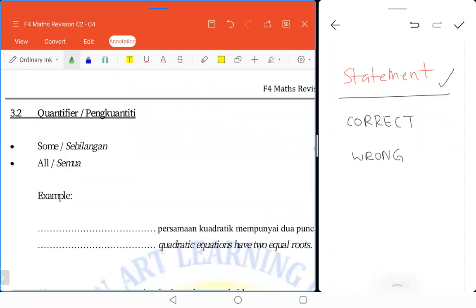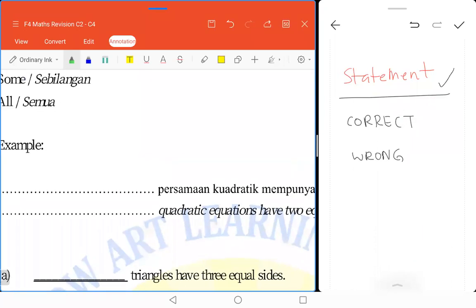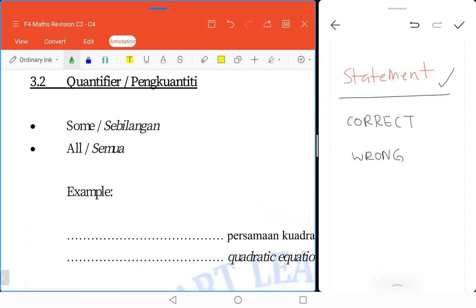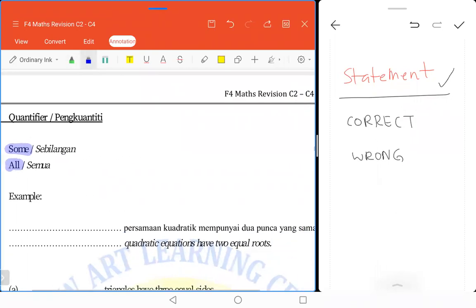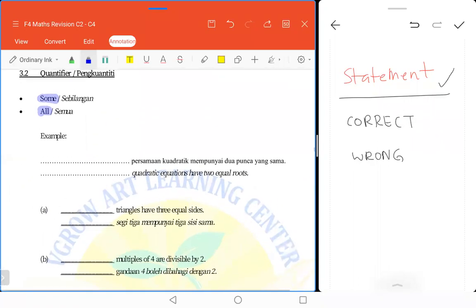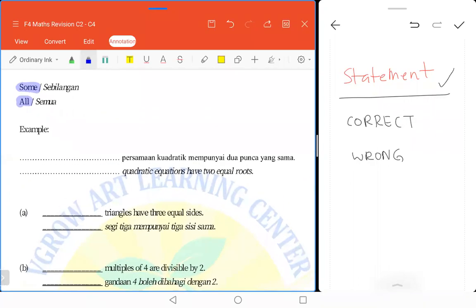Second part, some and all. It's like English class, language class. Some and all. Okay, so we just try the questions here. Quadratic equations have two equal roots.